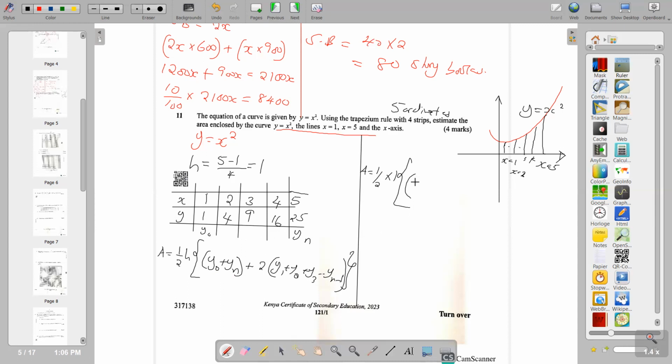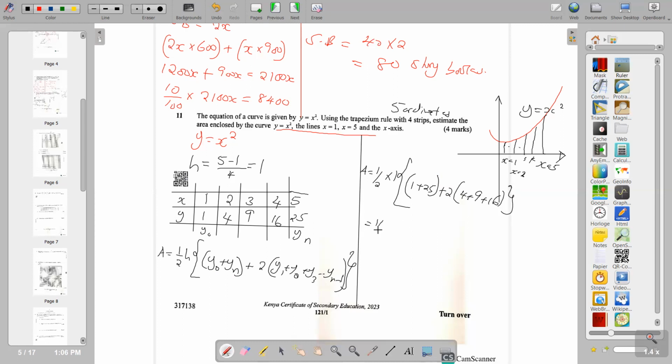So we're going to add 1 plus 25 plus twice the sum of the remaining. So this one plus this plus this, that is 4 plus 9 plus 16. And then you close it.